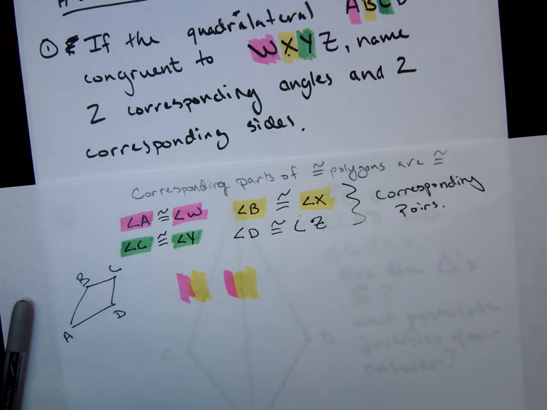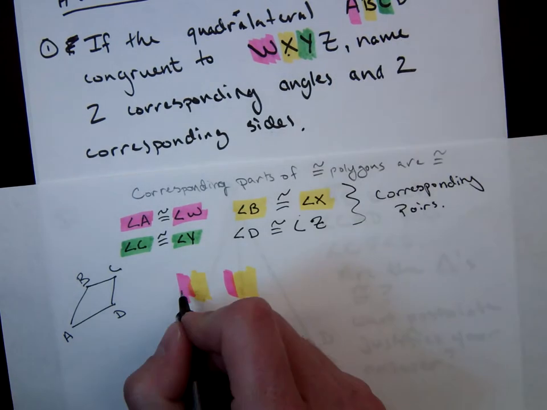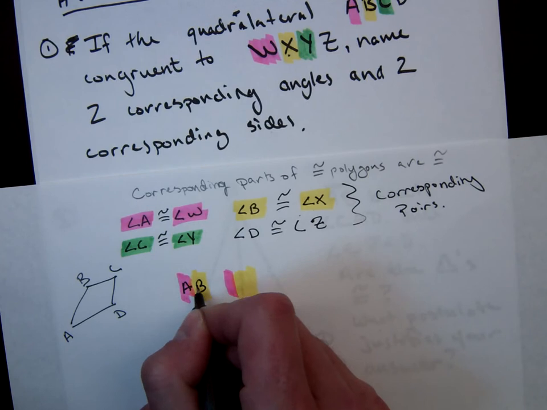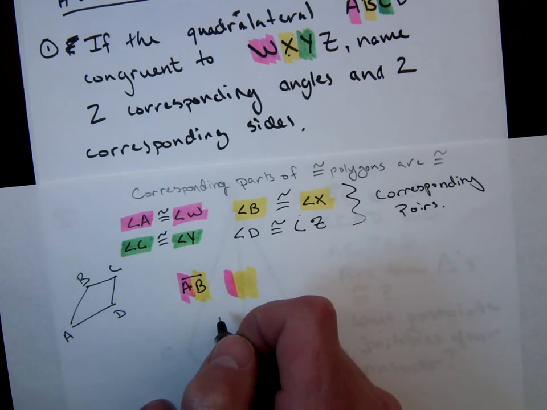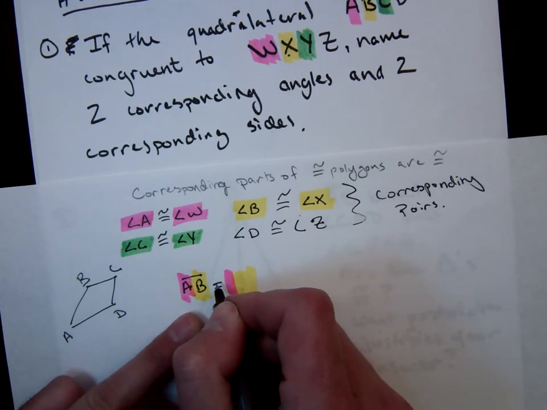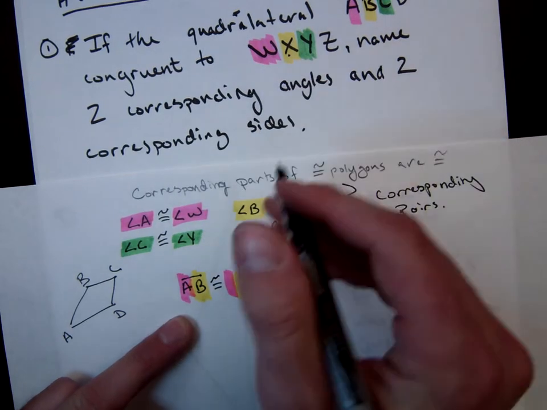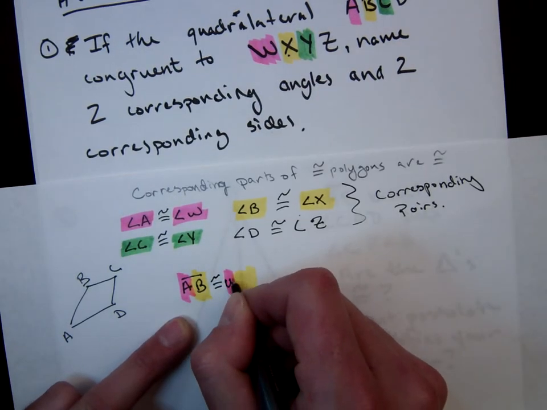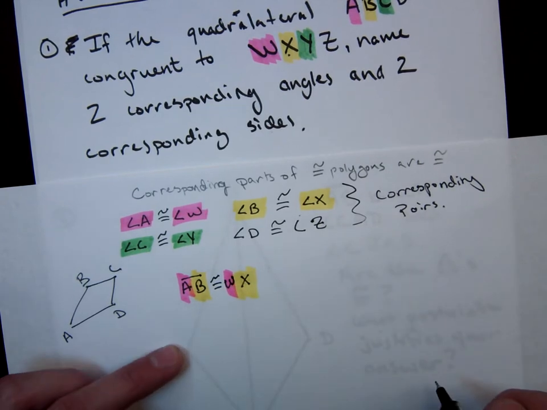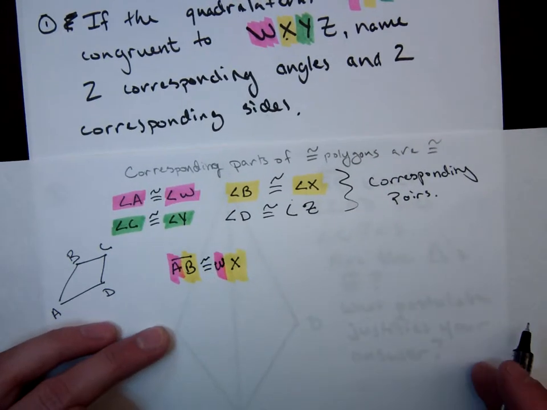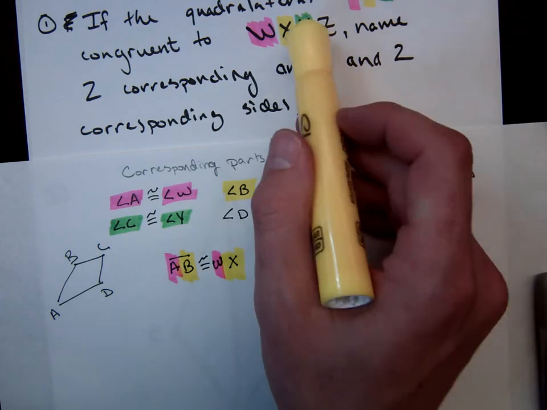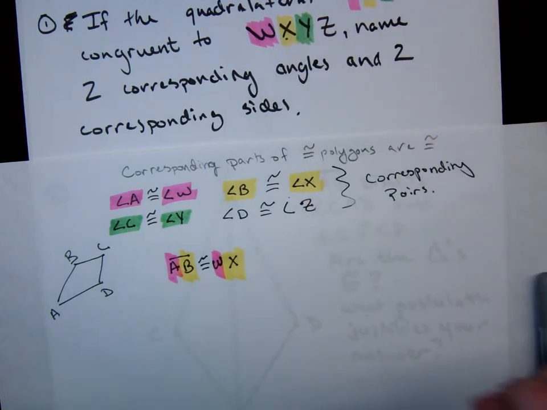So if I go from pink to yellow here, I can see that on this side I'm going to go from A to B. So line segment AB will correspond and will also be congruent to, from pink to yellow, WX. Moving right along to the next one here. I'll do one more, and if you choose, you can go ahead and do a second one. I can choose any one that I want. I'm just going to go in order because I think that'll be easiest.